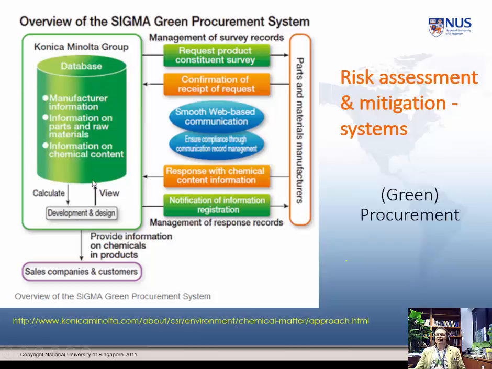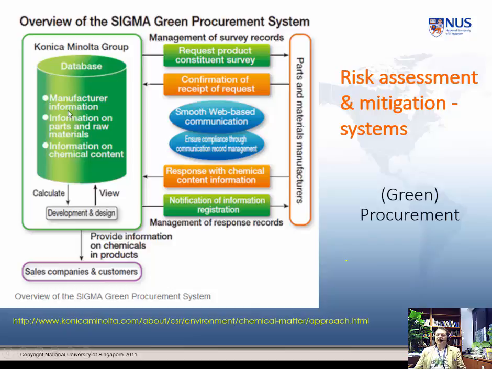So you can view certain processes or things you're doing, or you can calculate modifications, development and design. This is probably one of the keystone systems you need. And of course, this system is also the one that provides information to your customers or to other companies or maybe even your supplier companies.